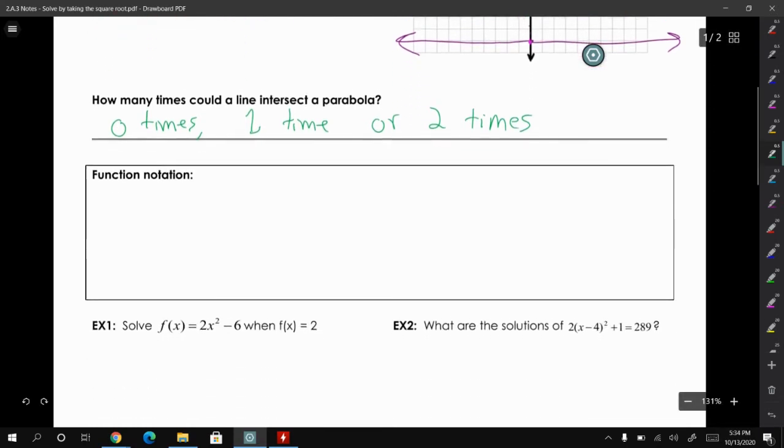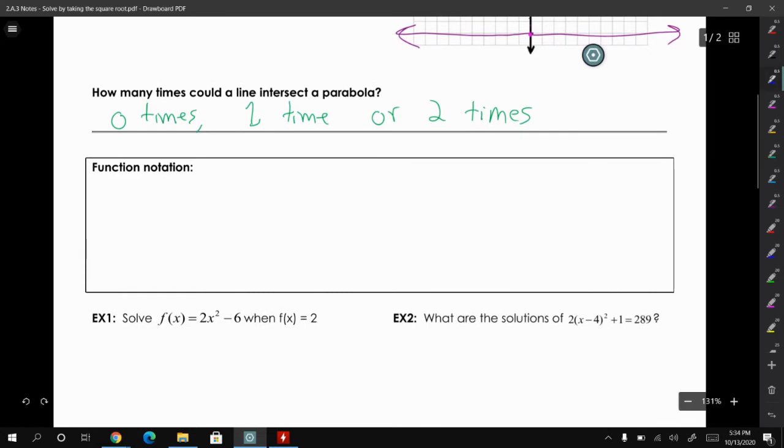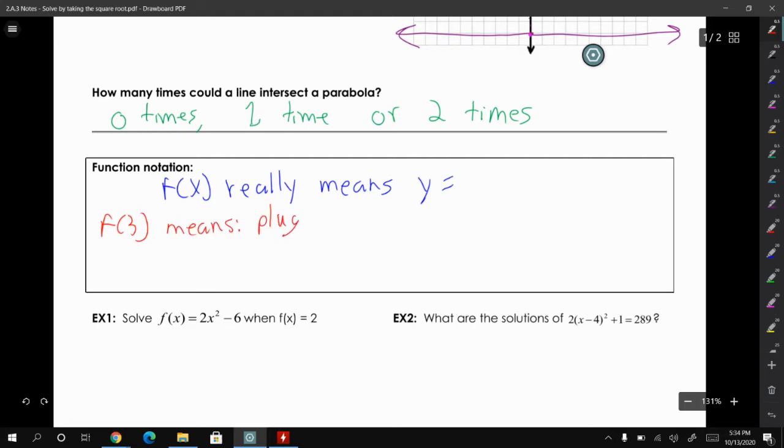Let's talk about function notation. This is a little bit of a refresher from Algebra 1. f of x really just means y equals. And if we see something like f of 3, what this means is that we're going to plug in 3 for all x's that you see.